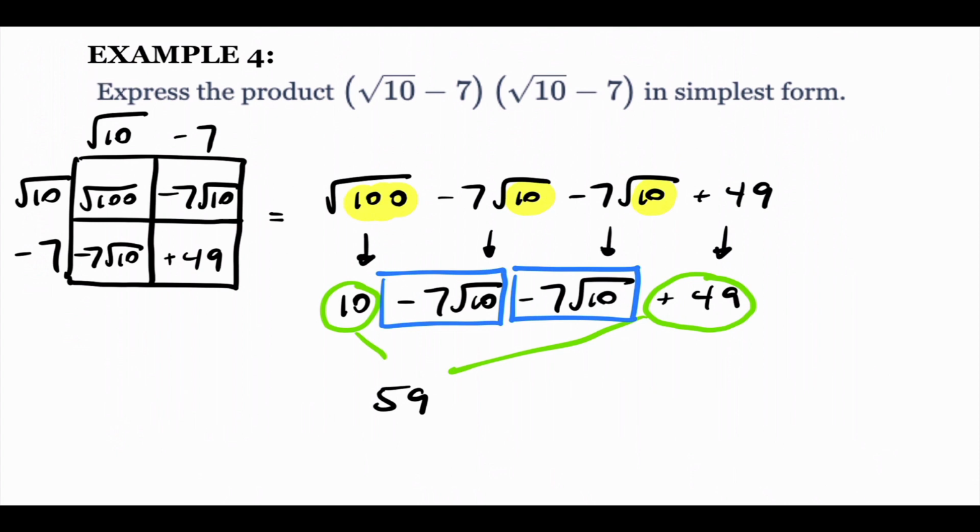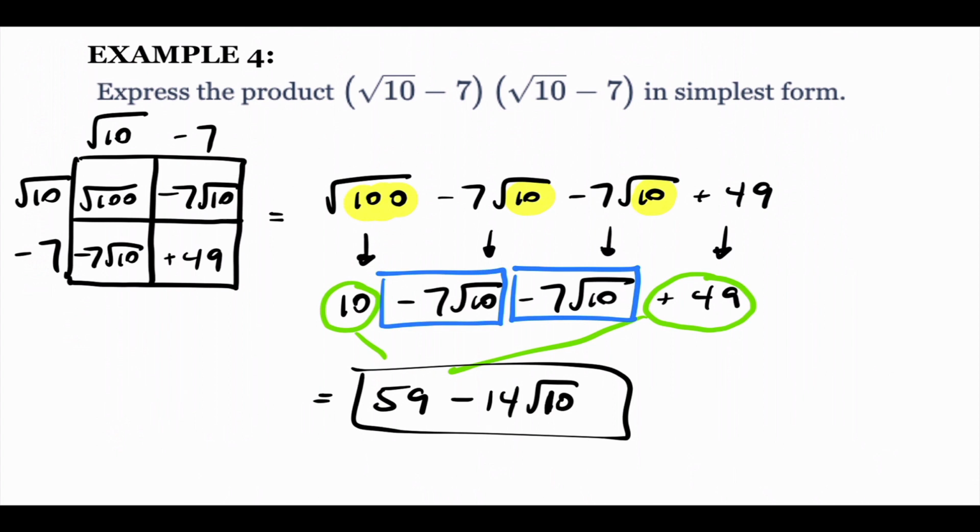Negative 7 plus a negative 7. Negative 14 root 10. Done. Okay, so the only thing about multiplying that's different than adding and subtracting is that first step, the box. Once you do the box, it just becomes the same type of problem.